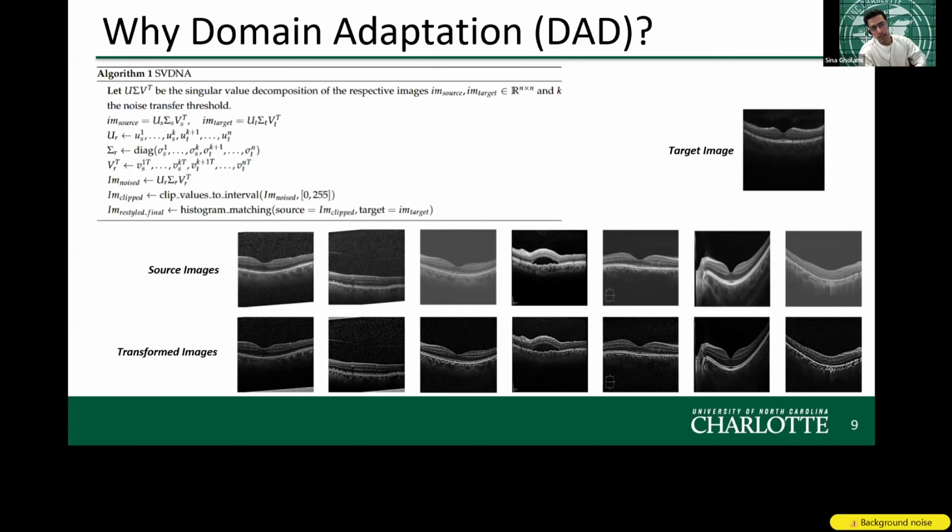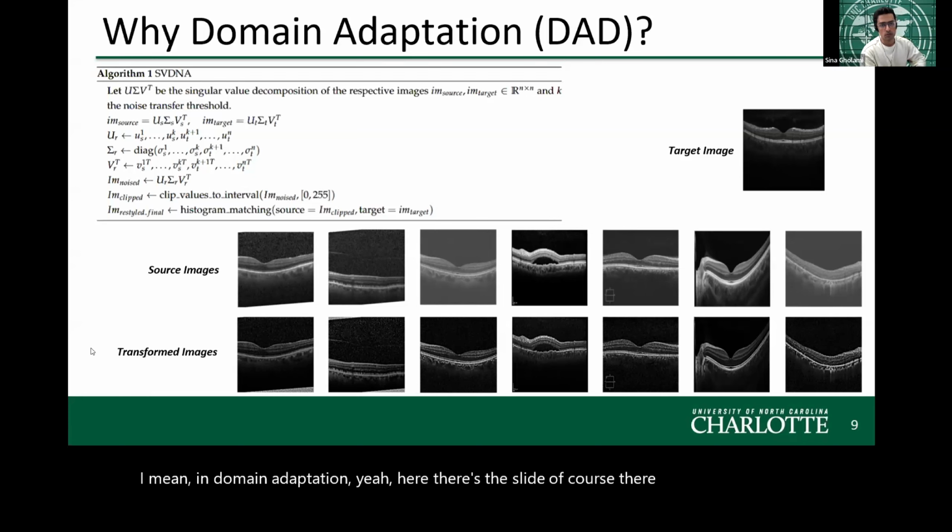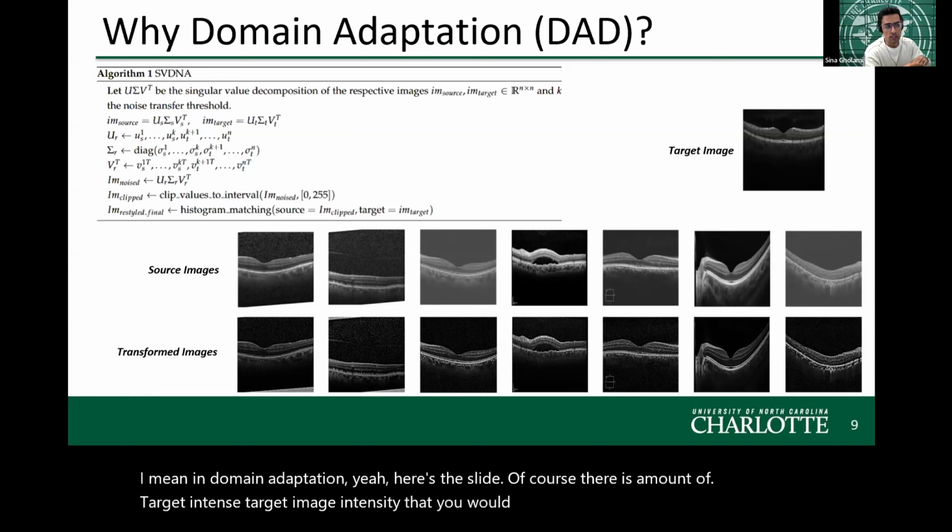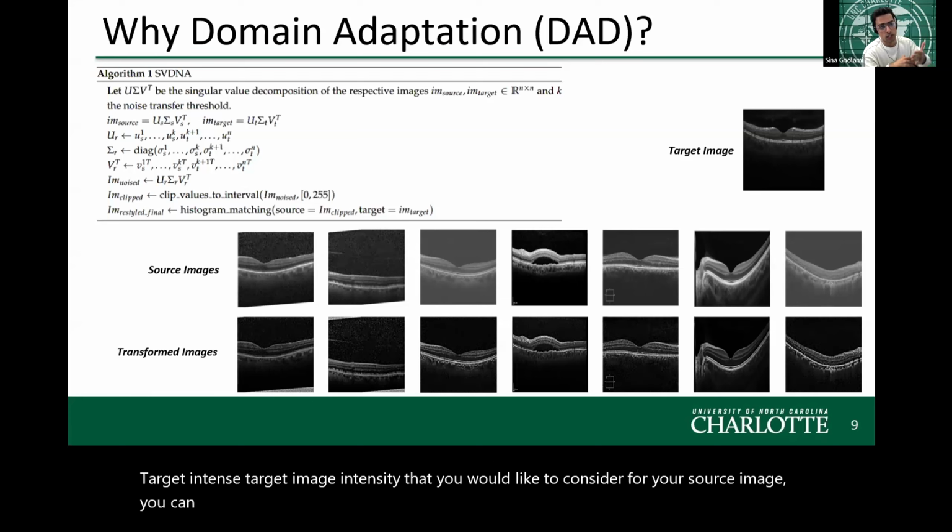I mean, in domain adaptation, yeah, here there's the slide. Of course, there's the amount of target image intensity that you would like to consider for your source image. There's a threshold on how many eigenvalues you want to take from the target image.